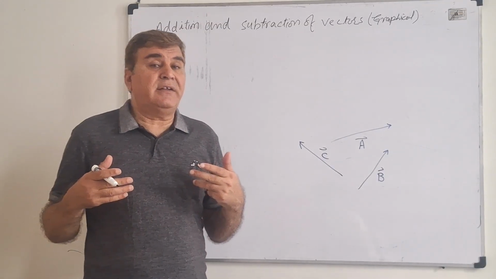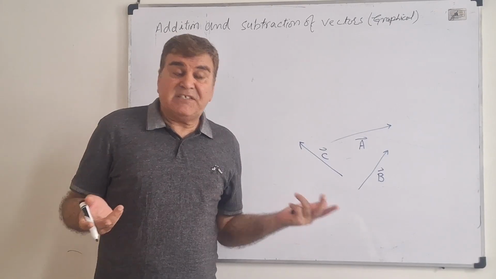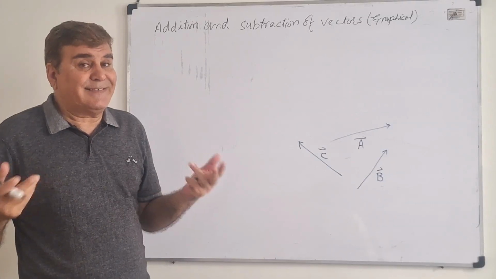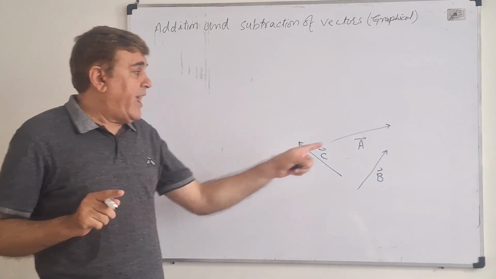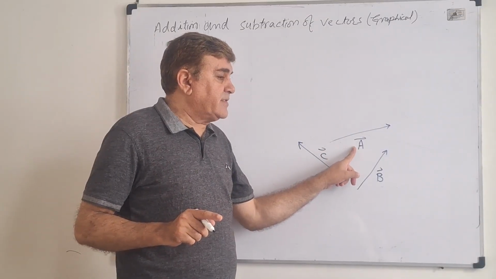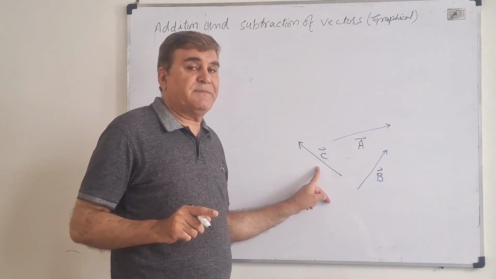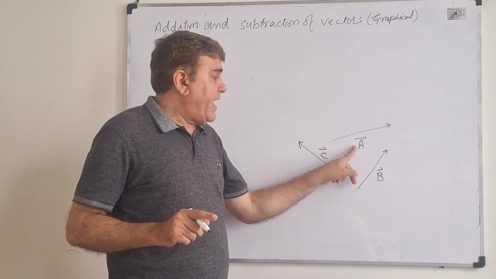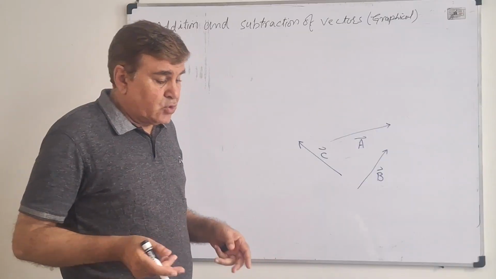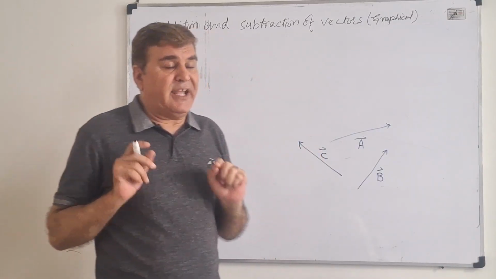They may represent three different displacements, velocities, or accelerations. But if A is force, then B and C must be forces. If A is acceleration, then B and C must be accelerations. If A is displacement, B and C must be displacements. So they must be of the same nature.